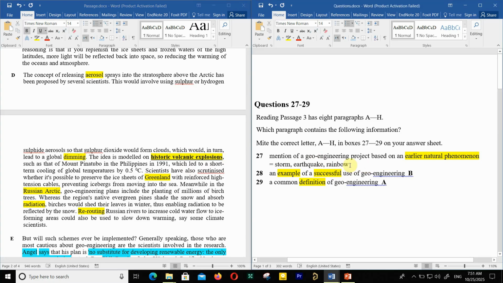They use volcano or volcanic for natural phenomena, and for earlier they use historic. So paragraph D is the right answer for this question. I'm going to write D for this one, and these are just some paraphrasing for natural phenomena that I noticed before looking for the right answer. So D, B, A for 27, 28 and 29 respectively.